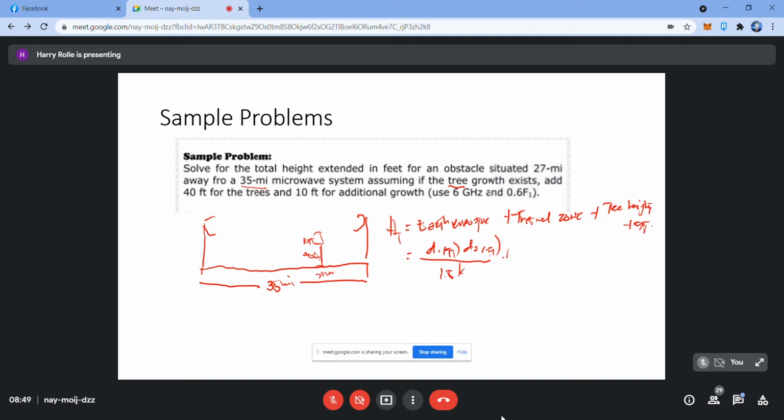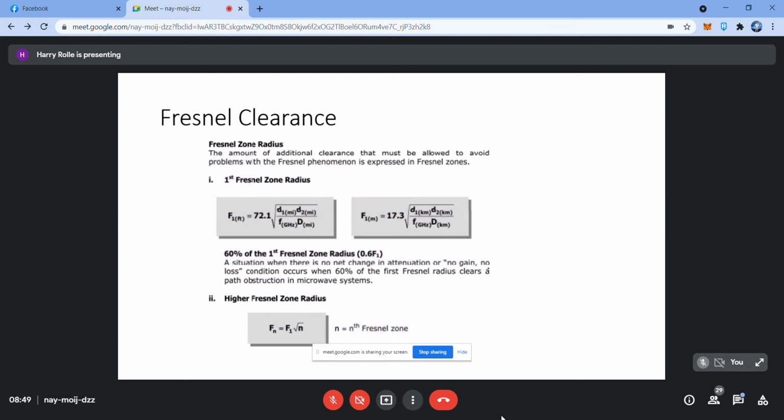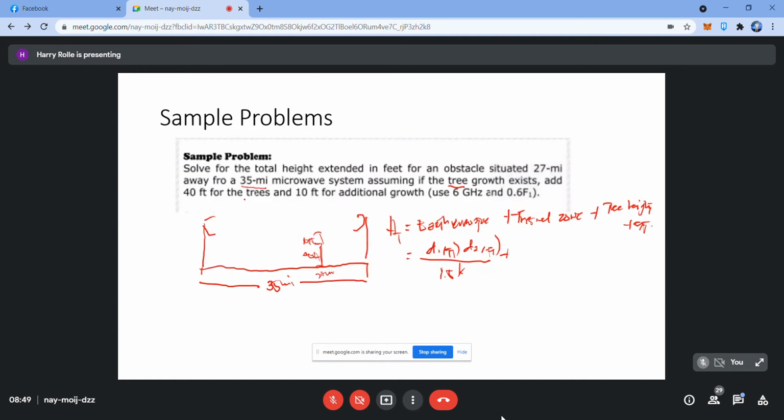Next, the Fresnel zone. What is the formula for our Fresnel zone? Anyone? We're going to use this one: 72.1 multiplied by the square root of D1 times D2 all over frequency times distance.